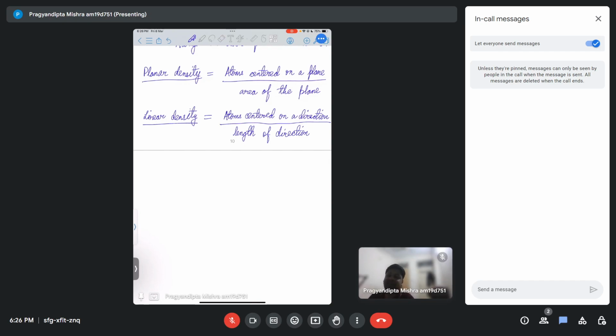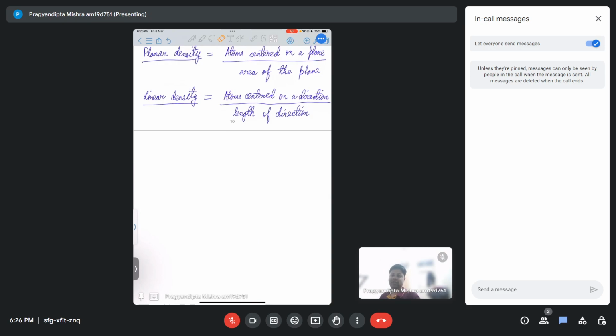So this decides which is the most densely populated direction, and from there we can choose the most densely populated one to be your slip direction. That is how slip direction is determined.